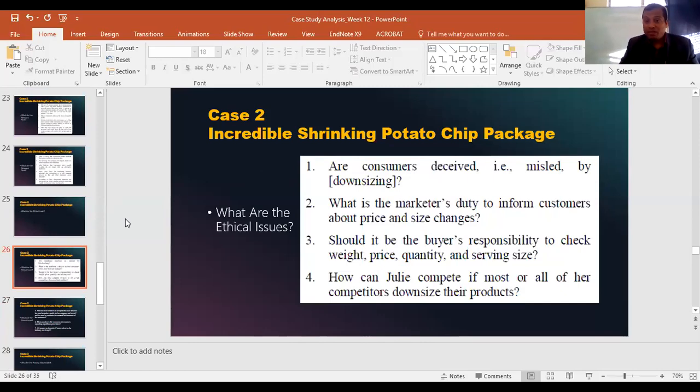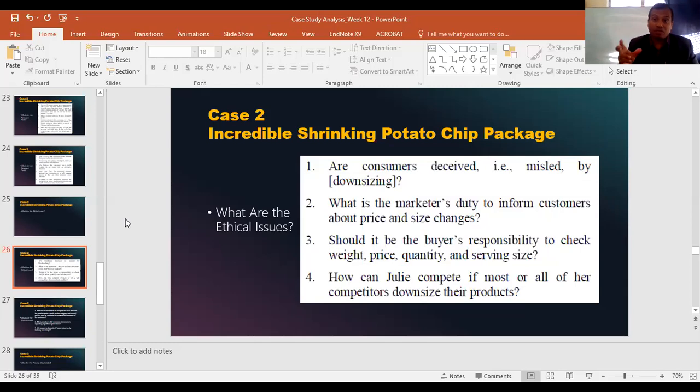Second one: what is the marketer's duty to inform the consumer or customer about the price and size changes? If you are communicating, fine. If not, then what? That is a kind of dilemma. Each time you change the size, is it necessary to communicate every time, or only at the beginning?